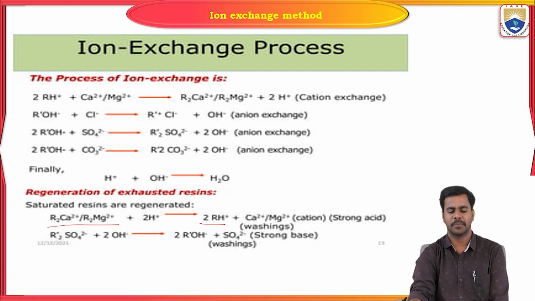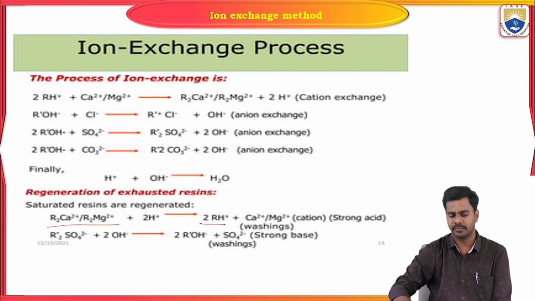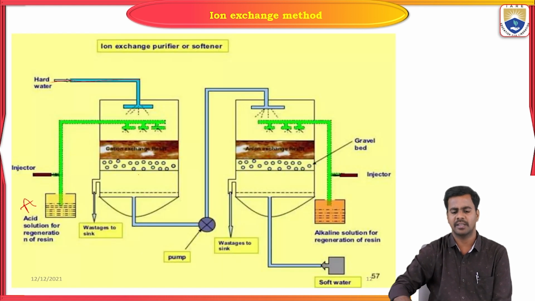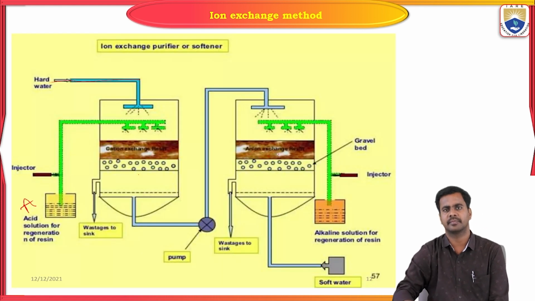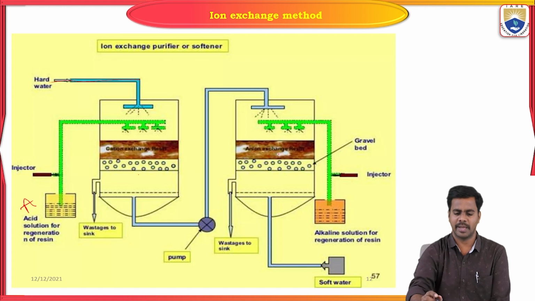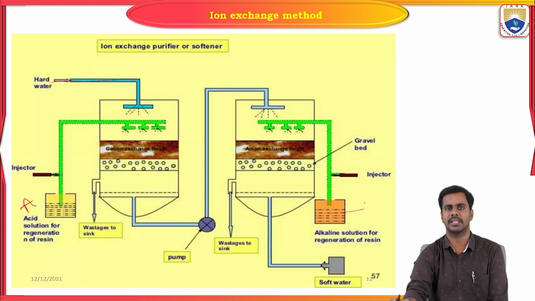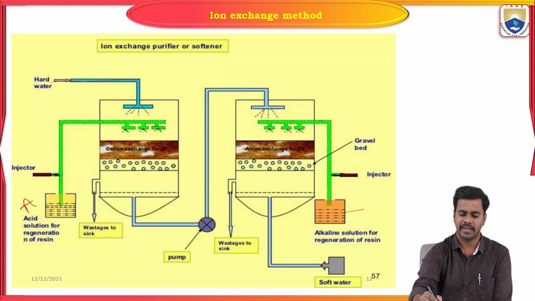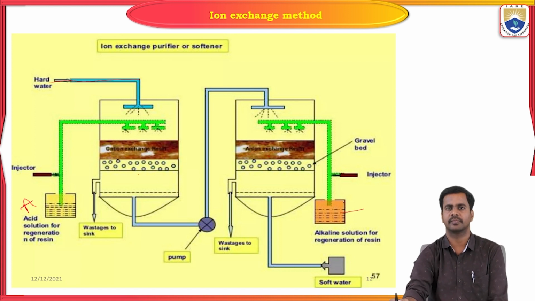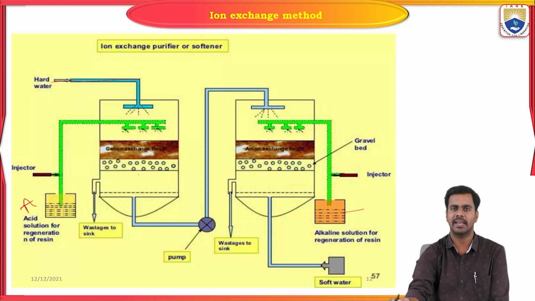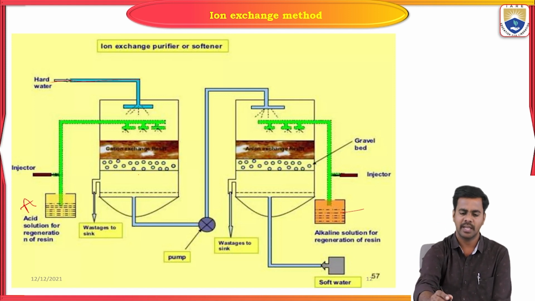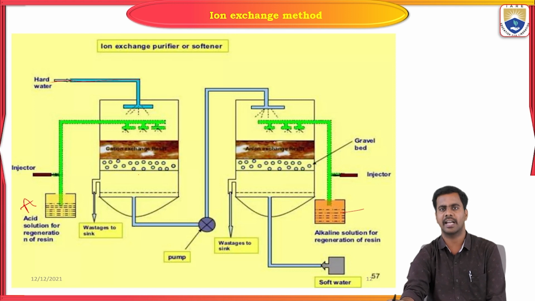Similarly, the anionic resin has also been exhausted. It is also regenerated. How? By passing alkaline or NaOH solution present in tank D. From tank D, NaOH solution is passed into tank C, which contains anionic resin.